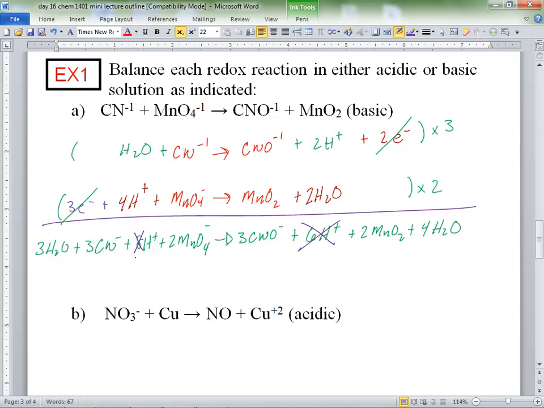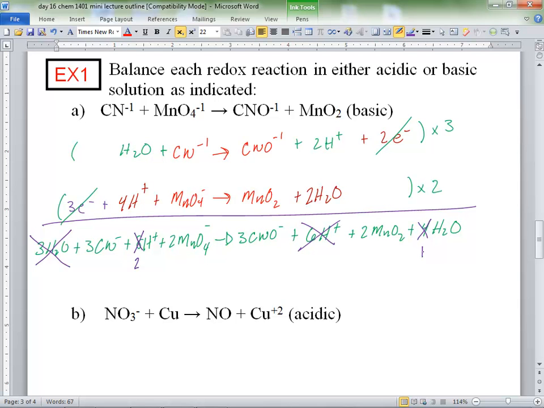A 2. Did I miss something? What else is common? The H2Os. Okay. Alejandro, cross out all these H2Os, right? And change that 4 to a 1. I don't think you can simplify it anymore.